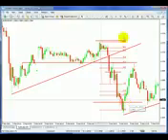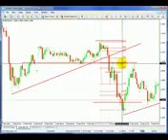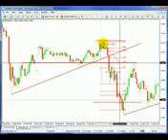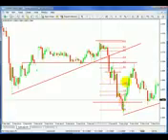This is where I take profit. So I entered at this point around about the 50. When I saw that this was a potential area for a bounce, I took a risk of 22 pips for a gain of 42 pips. Very successful trade. Okay, so that was that particular trade.